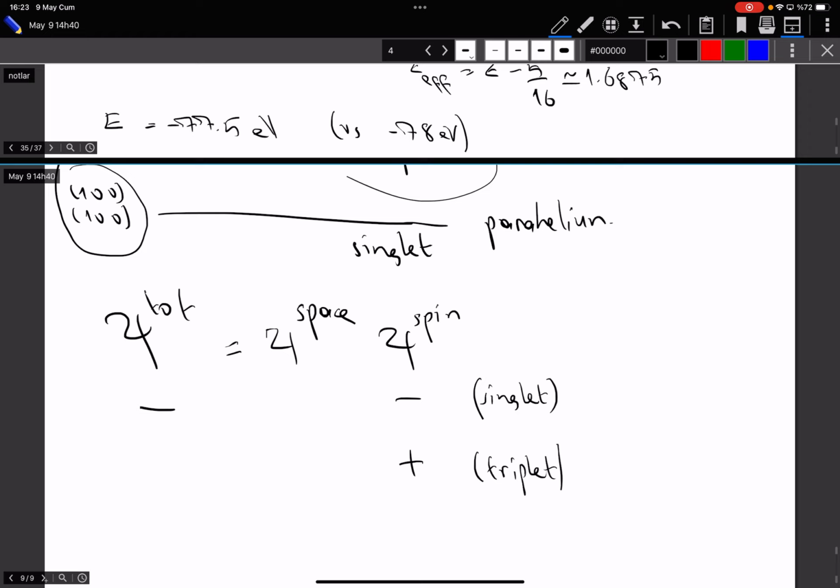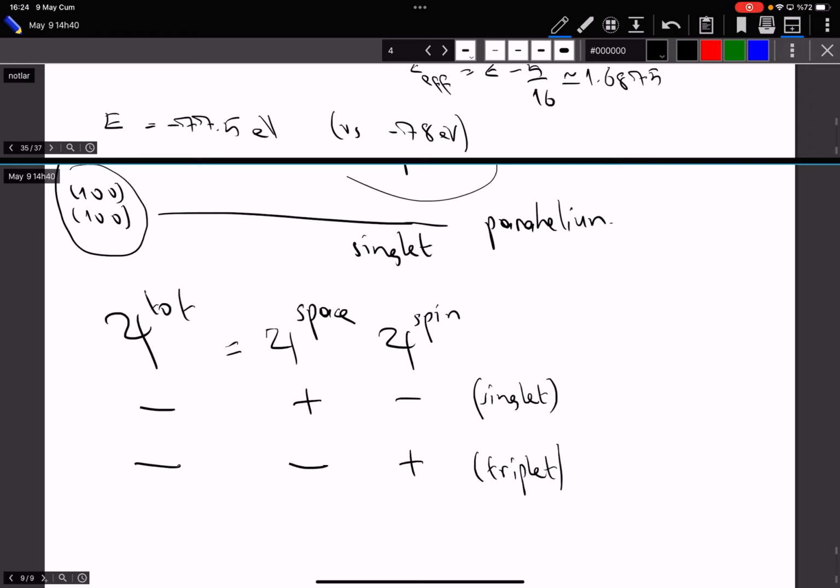The spin will be antisymmetric if the total spin is 0. It is symmetric if the total spin is 1. But still, the total wave function has to be antisymmetric. The only way to have this is if the spin is a singlet, the space has to be symmetric. If the spin is triplet, the space has to be antisymmetric.